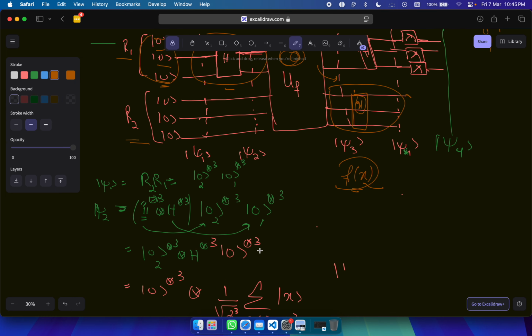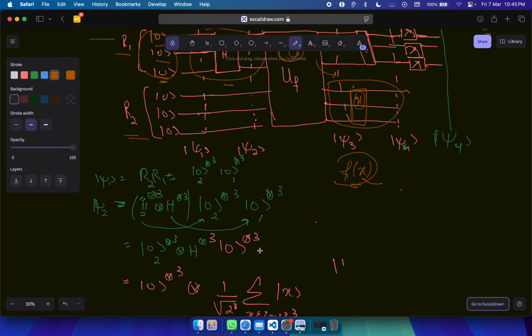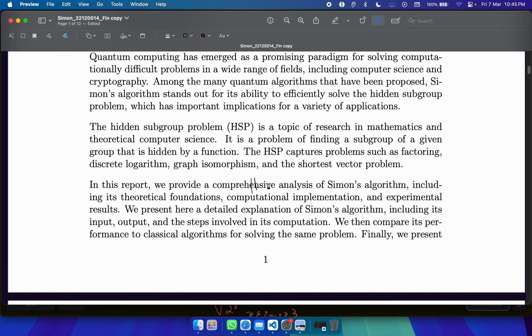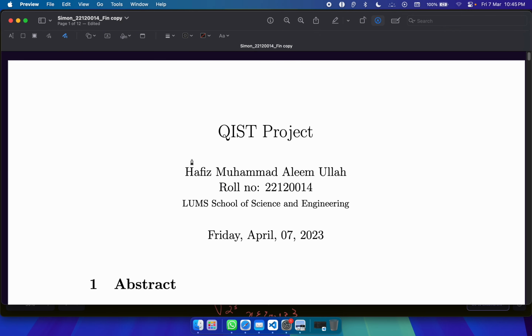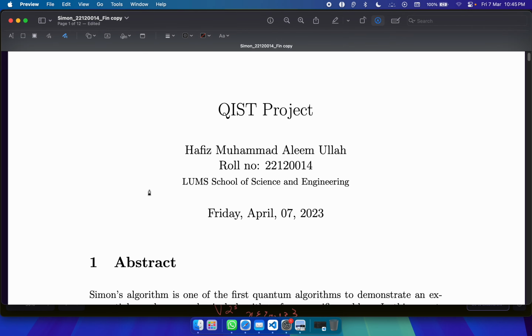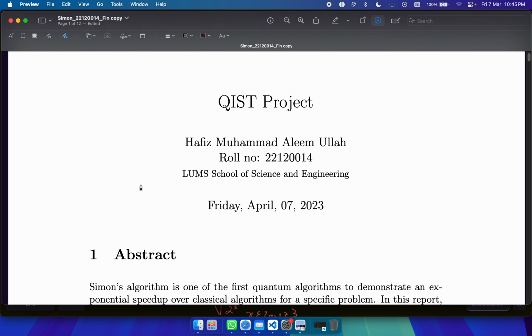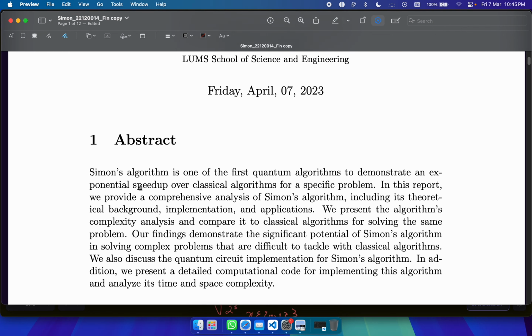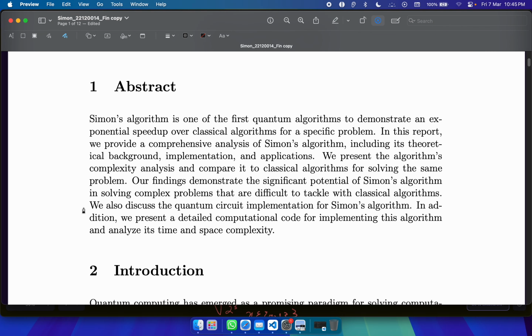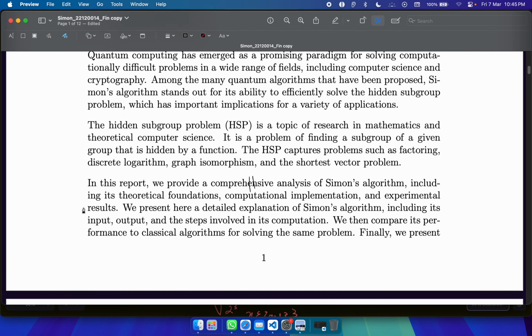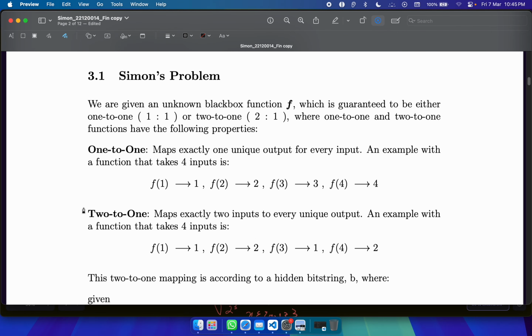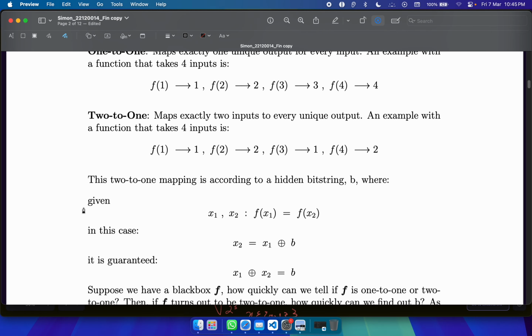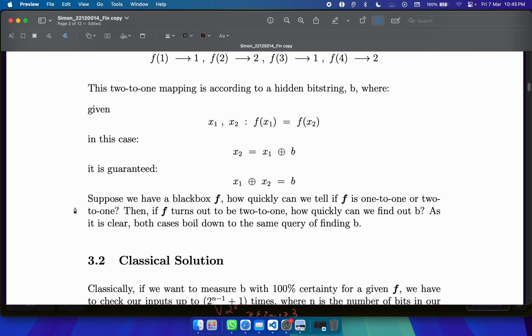This might be a bit interesting or boring to you, but I have a great paper here from Hafiz Muhammad Ali Mullah. He is from LUMS, and he has created an awesome write-up on Simon's algorithm. He's explaining what kind of problem it is in the introduction, and here he is explaining the 2-to-1 and 1-to-1 functions.